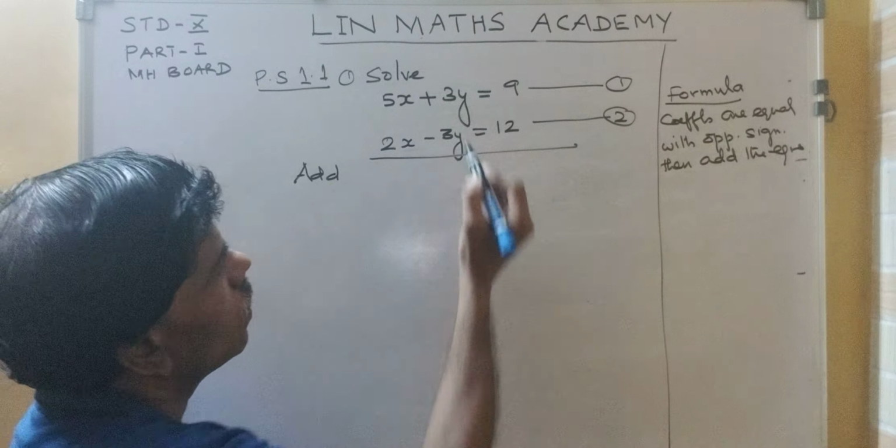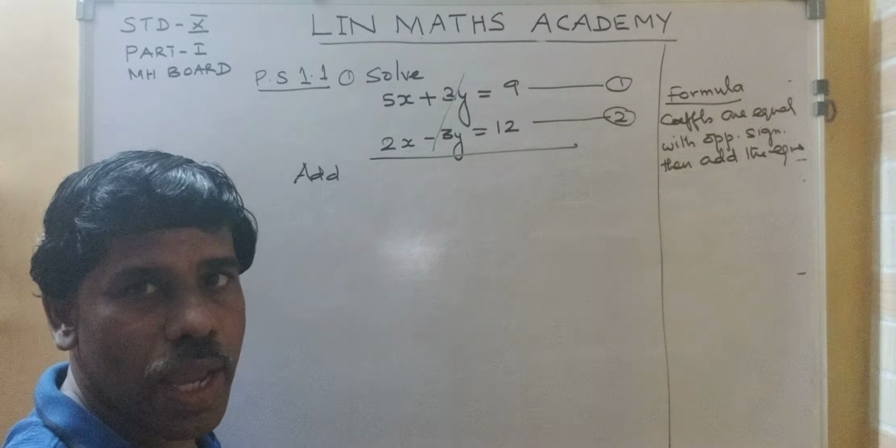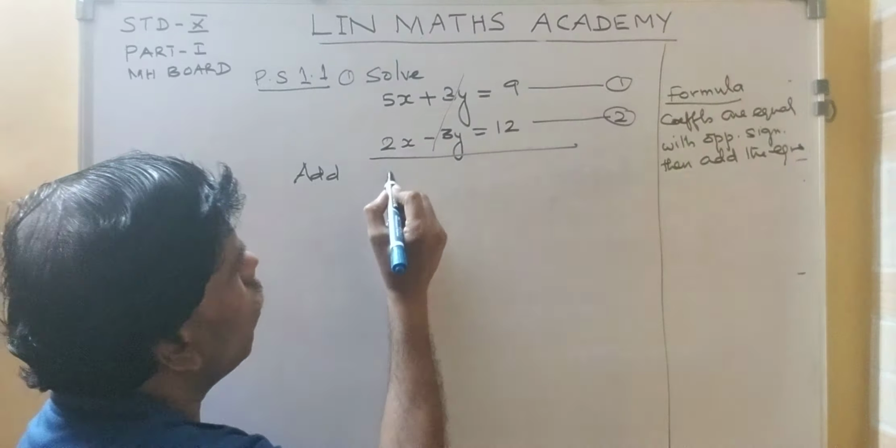Right? See, plus 3y minus 3y gets cancelled. So we are going to get 7x is equal to 21. 7 3s are 21. So x equal to 21 upon 7 gives us the value of x is 3.